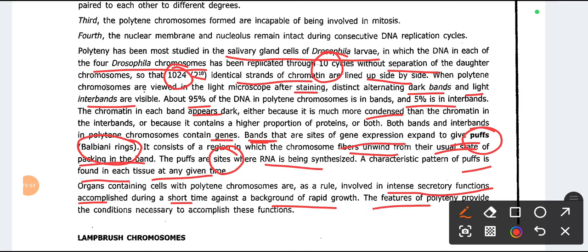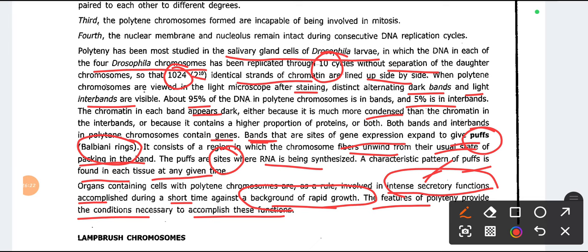The features of polyteny provide the conditions necessary to accomplish these functions. Why is the polytene chromosome formed? Because those cells are involved in intense secretory function and they have to do it in a short period of time, so they have to grow rapidly.